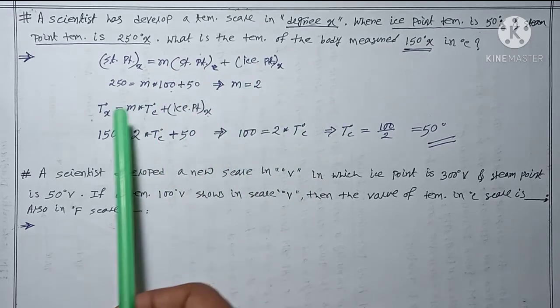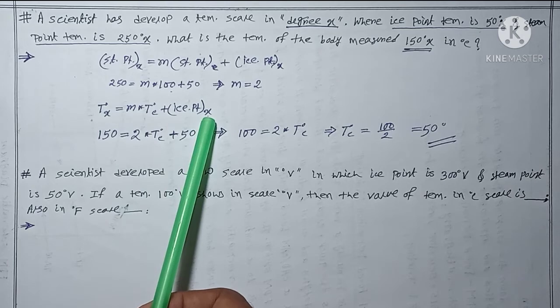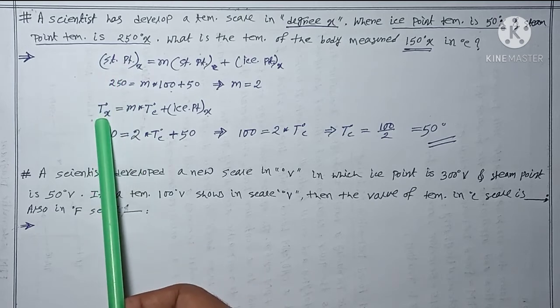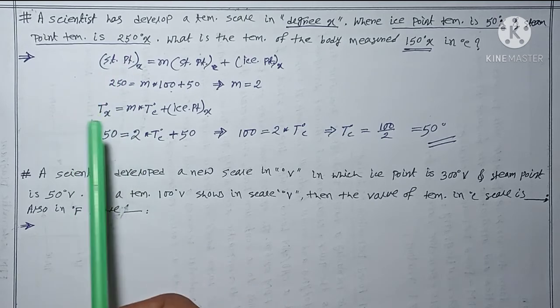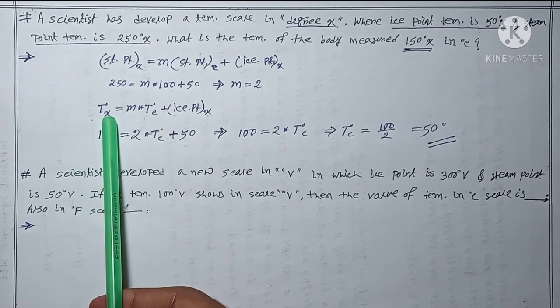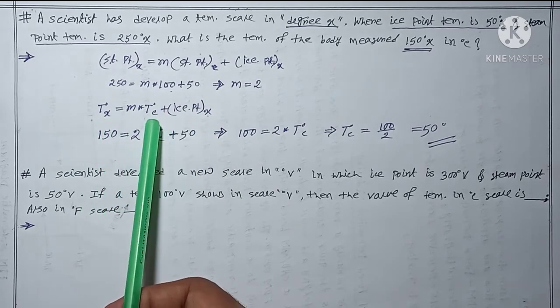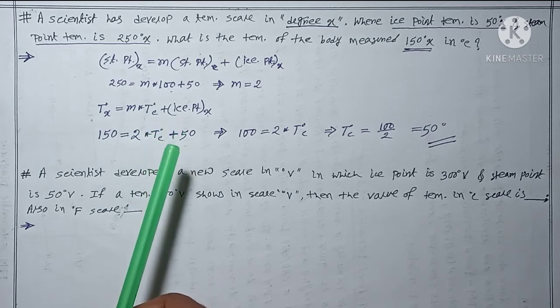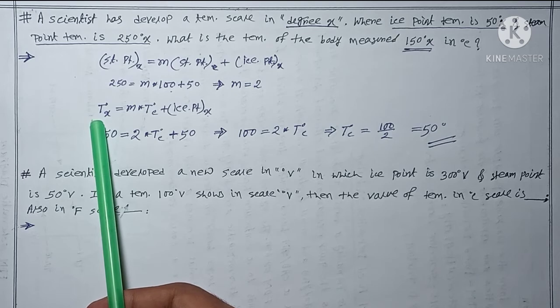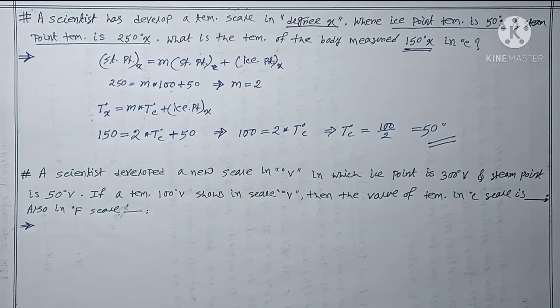After getting m, you can put it again in this equation, and this equation is not a new one. If we replace the steam point by any temperature T, you get this one. From here you can find the temperature in Celsius scale if the X scale temperature is given, or if the temperature in Celsius scale is given, then the corresponding temperature in X scale. So now solve the next one.